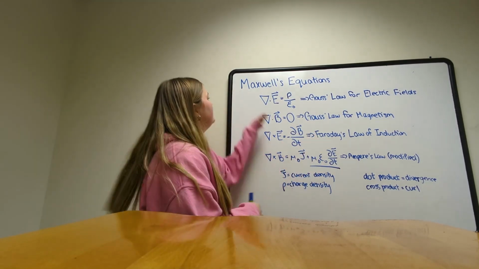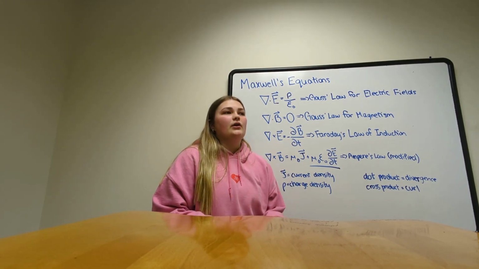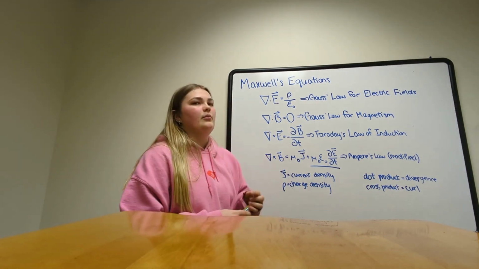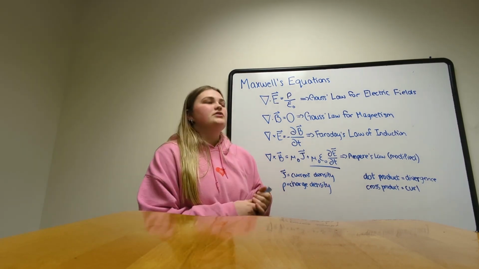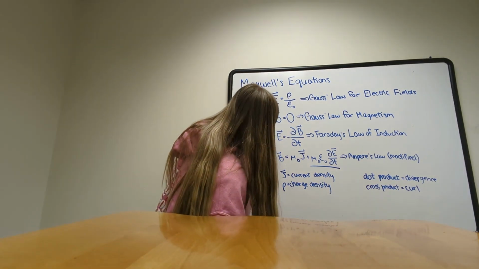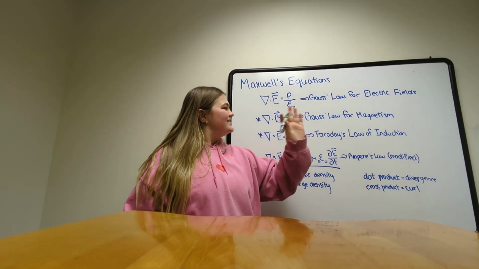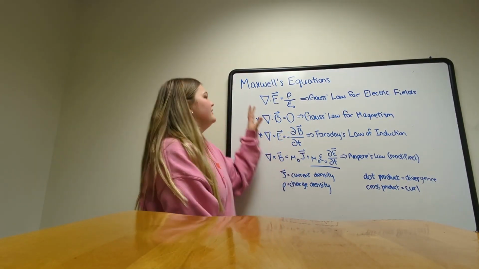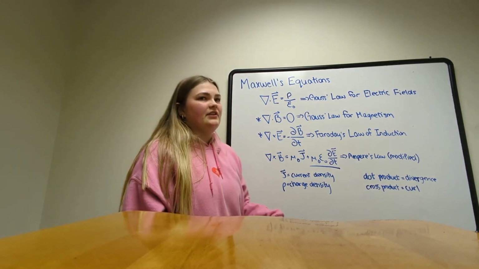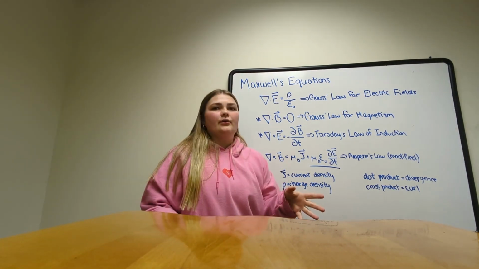Out of these four, there are two that are going to be changed based on what medium is going on, and two that aren't. The two that aren't are going to be these middle two, Gauss's law for magnetism and Faraday's law of induction. We don't bother with those at the moment. These two, however, because of certain variables that they have, which are defined below, are going to be different.